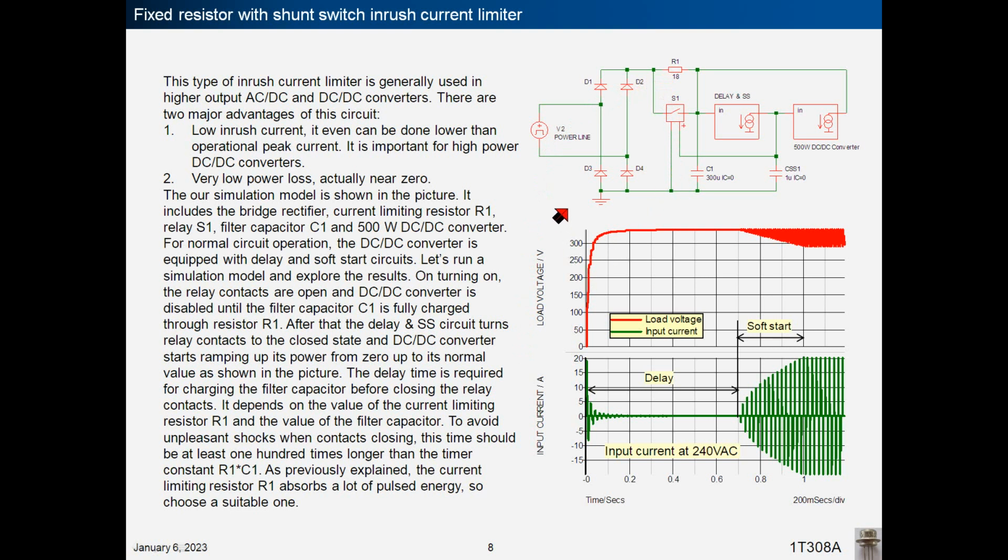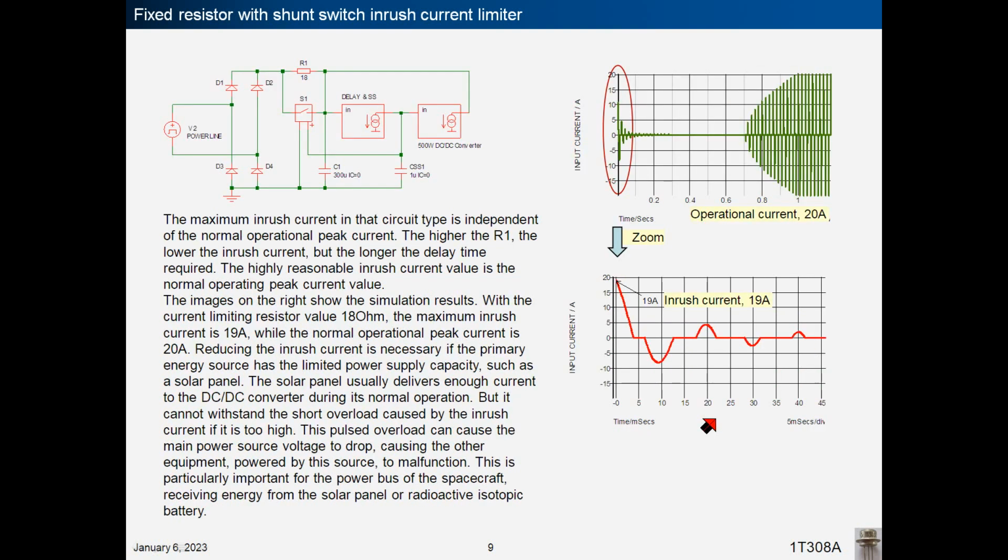As previously explained, the current limiting resistor R1 absorbs a lot of pulsed energy, so choose a suitable one. The maximum inrush current in that circuit type is independent of the normal operational peak current. The higher the R1, the lower the inrush current, but the longer the delay time required.